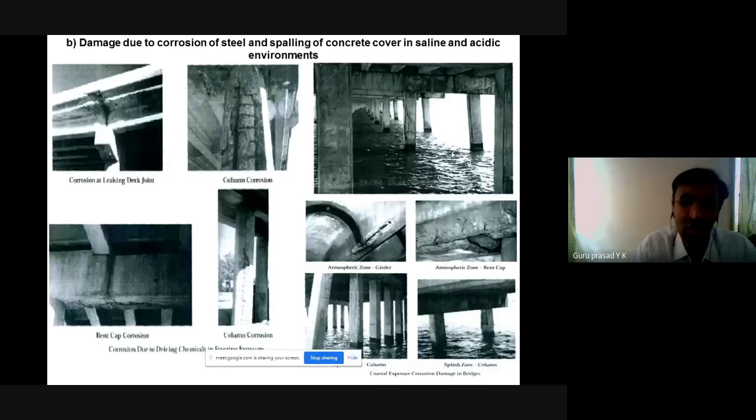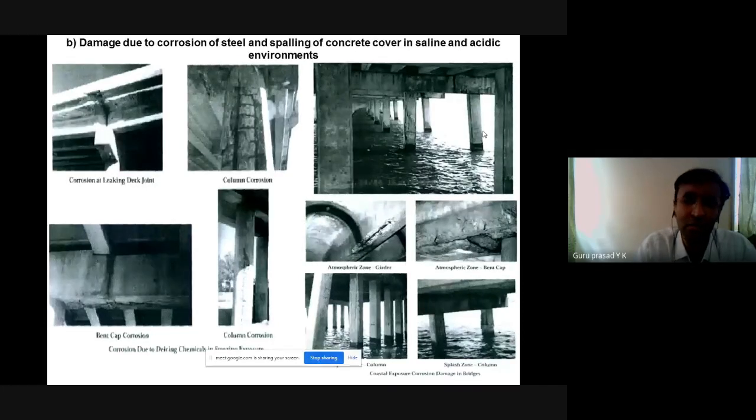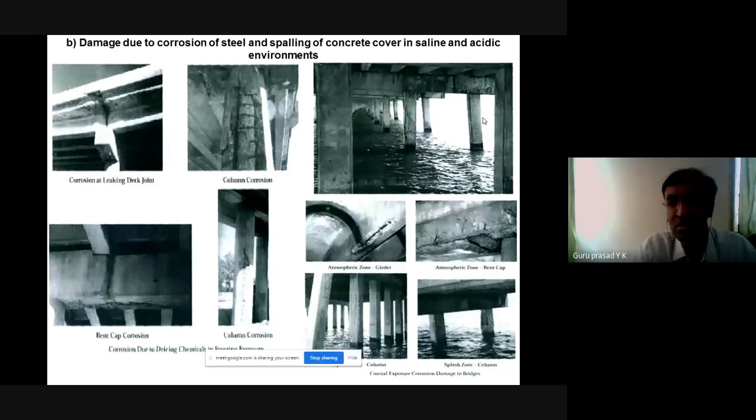So corrosion also causes damage in the RC structure, where the steel reinforcement undergoes corrosion or rusting, and due to that the concrete cover which is protecting the steel also falls off, due to which we tend to see a lesser load carrying capacity of the structural member. And also because of corrosion, there is a loss of bond between reinforcing steel and concrete. Because of the loss of bond, the entire structural member's load carrying capacity comes down. So this is a sort of damage.